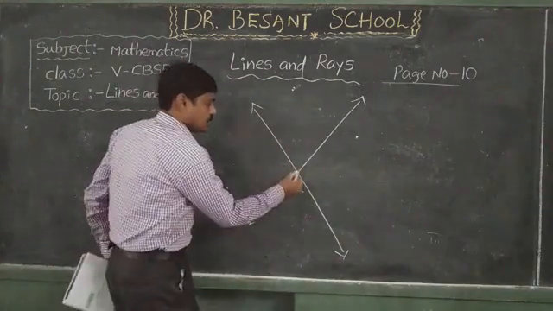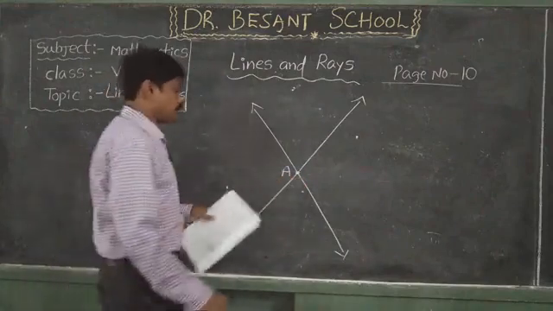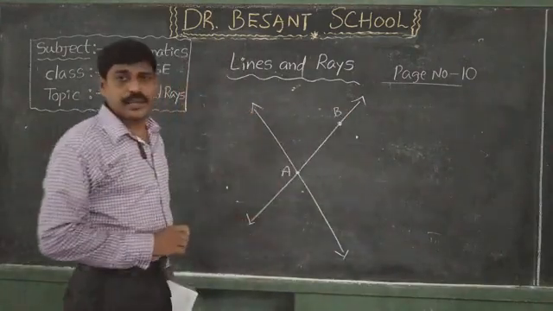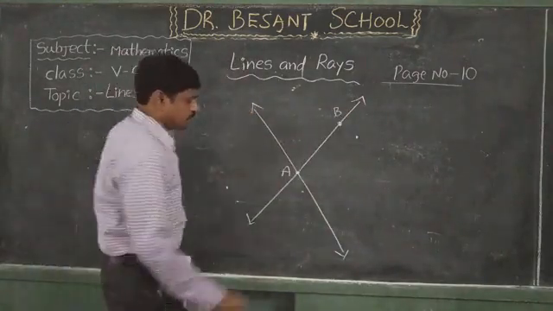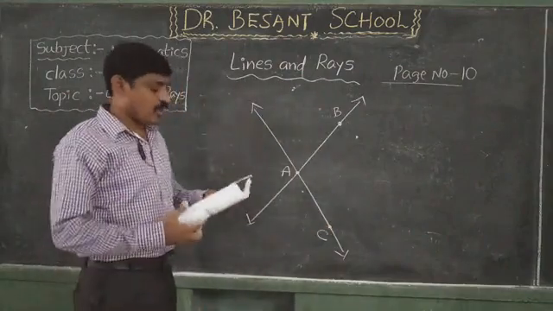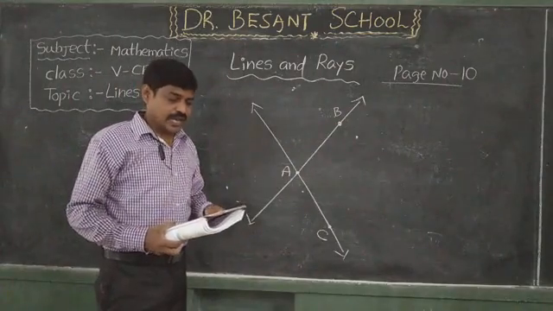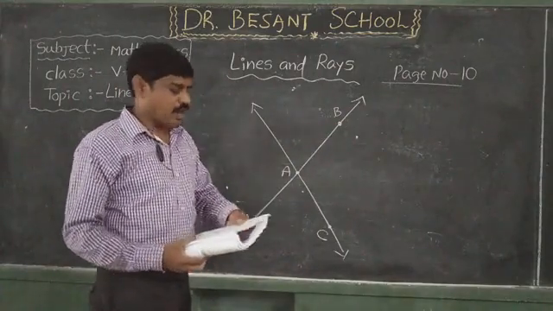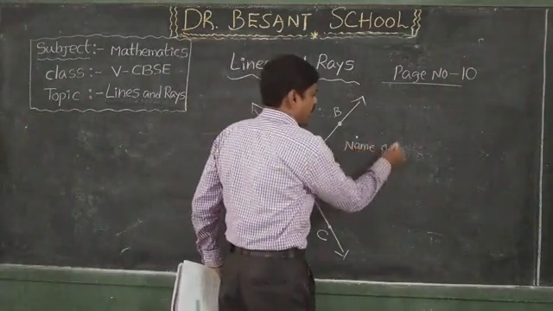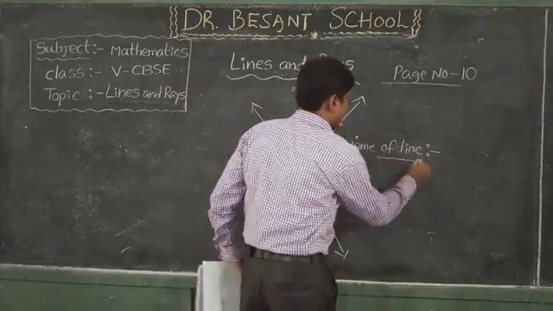Suppose this is A, let this be B, and now C. Now, have you marked the points or not? Yes. And now name any two lines and any two line segments. First, what is the name of a line?